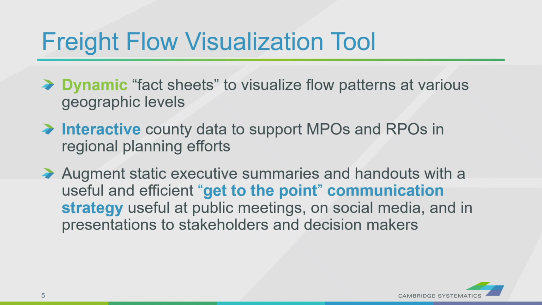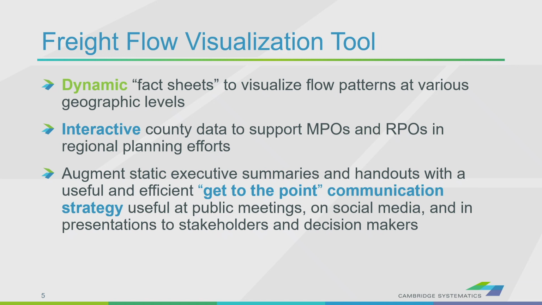So the freight flow visualization tool was an interactive way of showing pretty dense data that is useful in terms of determining what trends are affecting freight demand in the state, what are the industries that are projected to grow over the next 30 years or projected to decline, and doing that in dynamic fact sheets.